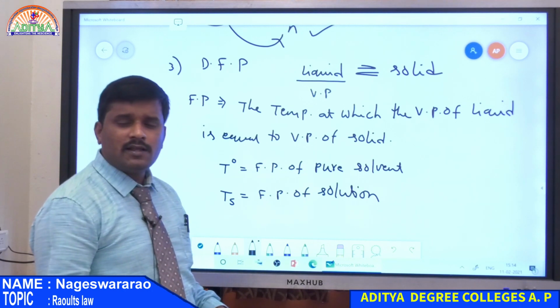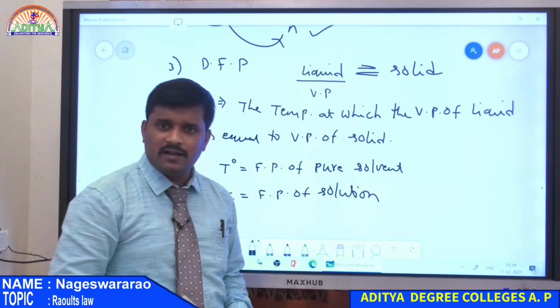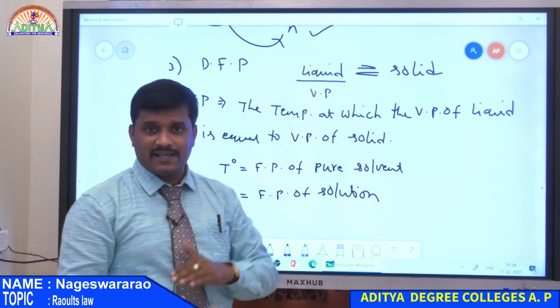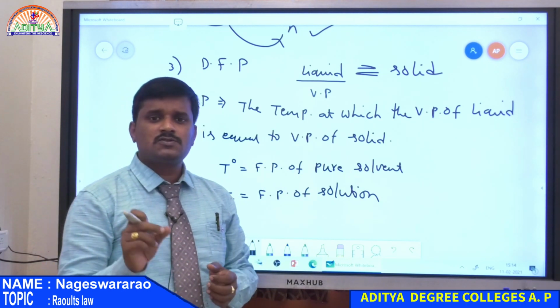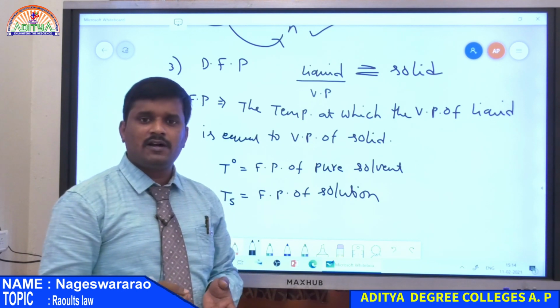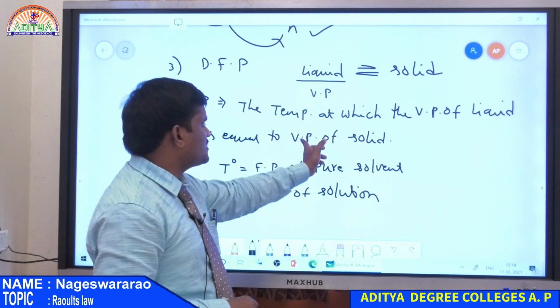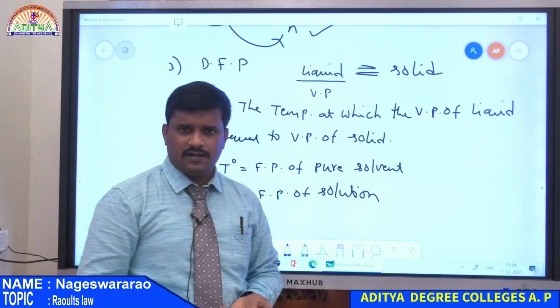When a non-volatile solute is added to the pure solvent, its vapor pressure decreases. So a small amount of temperature is required to bring that vapor pressure to the vapor pressure of the solid.